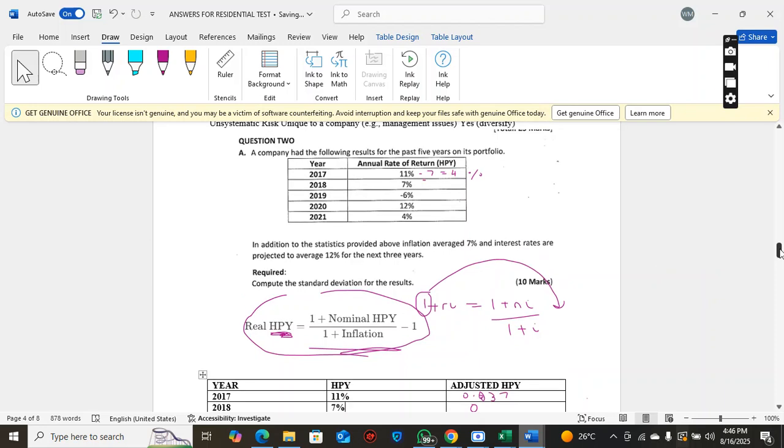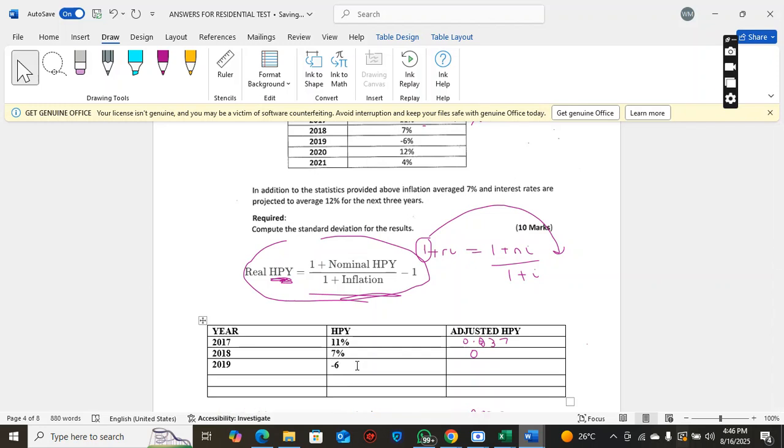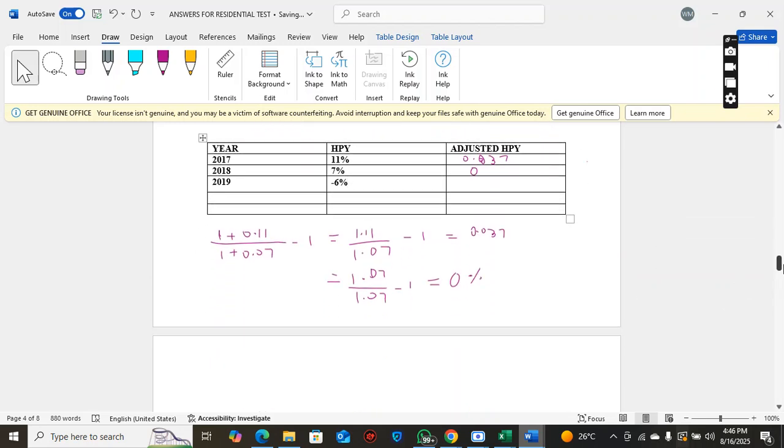2019, negative 6%. So here it's going to be 1 plus negative 0.06, over 1 plus 0.07.